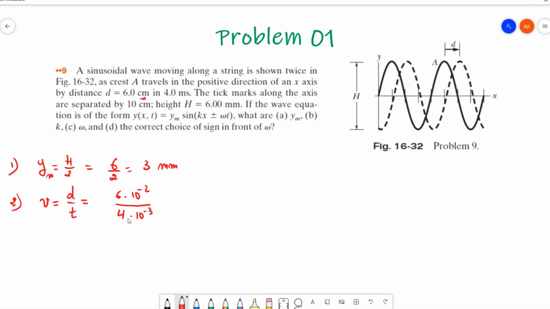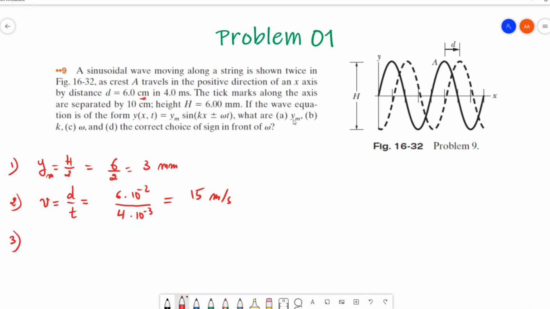This should give me something like 15 meter per second. So this is v. I always work in the international unit, so the final result is in the international unit. Great. What can we get also? Let's put 3 here. We need k.